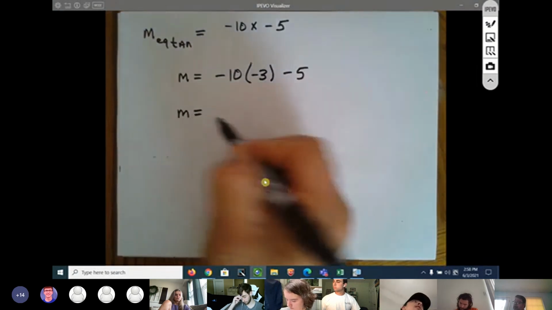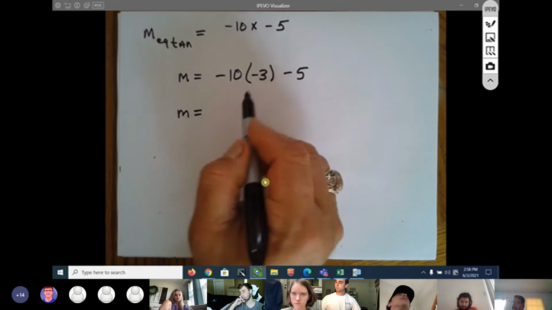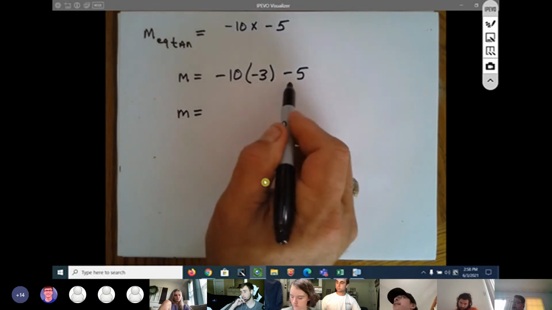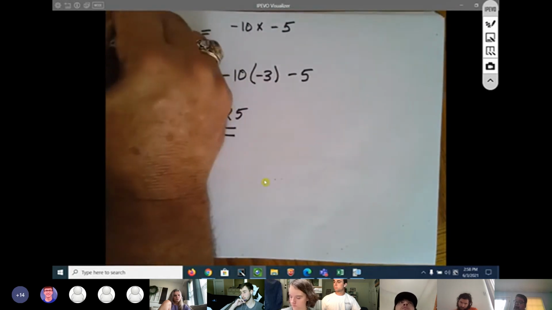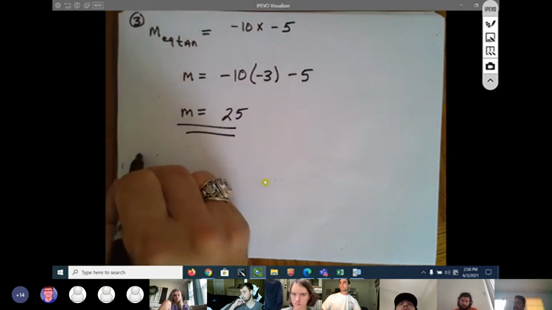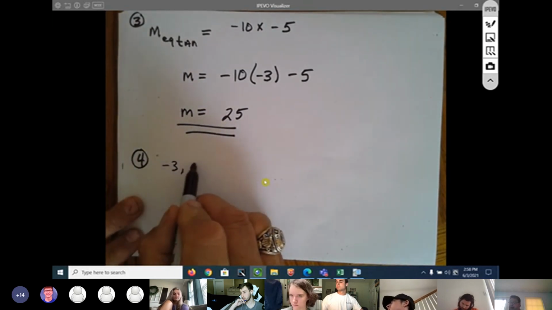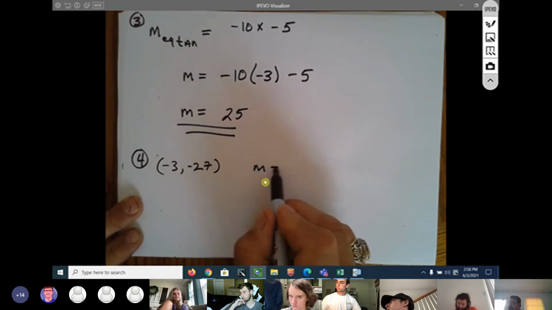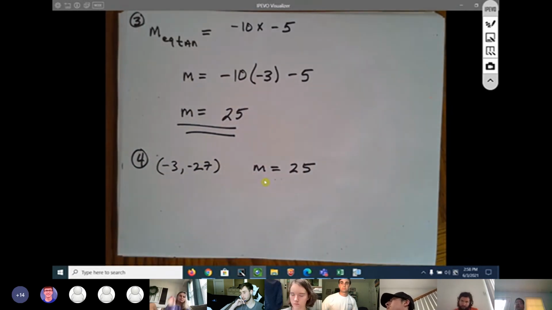Our slope for our line at negative 3 is 30 minus 5, which is 25. So that's part 3. Part 4, we've got a point and a slope, so I want everybody to use the point slope equation. Go to it.